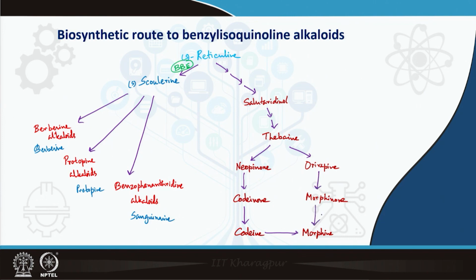So, there are two routes we will talk about. Because of shortage of time, I am not discussing these details here and not the enzymes responsible for these steps. So, in the next class we will talk details of this pathway, the enzymes and why there are two different routes.